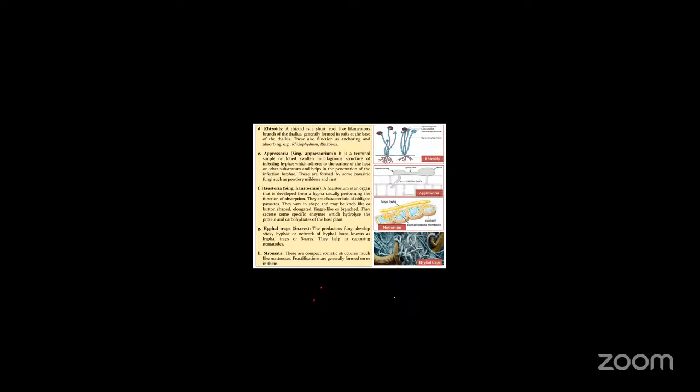These are formed by some parasitic fungi such as powdery mildew and rust, such as beet rust and sorghum rust. These fungi form appressoria, meaning some lobed, swollen structures appear on the surface of host tissues.